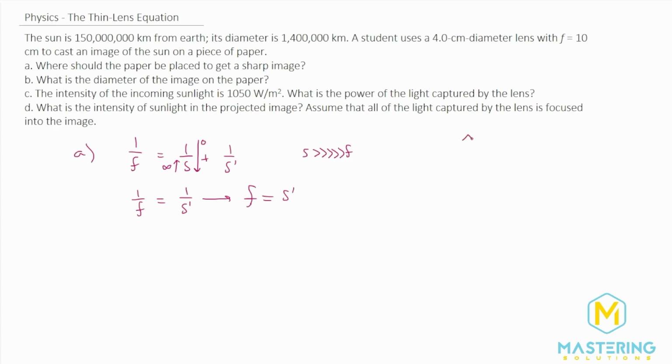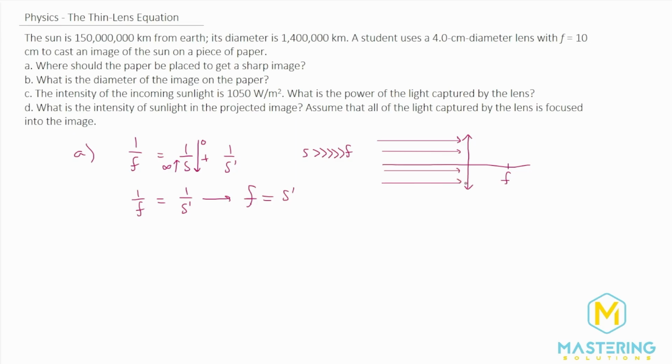Now, we've talked about this a lot in the questions when we would do ray tracing, because if we have a lens here, and here's the focal length, and in this one they say it's 10 centimeters, and we have light rays coming from really far away from the sun, they're for all intents and purposes parallel to each other. Now, it's not really possible to get truly parallel light rays, but the sun is going to be as close as we're going to get.